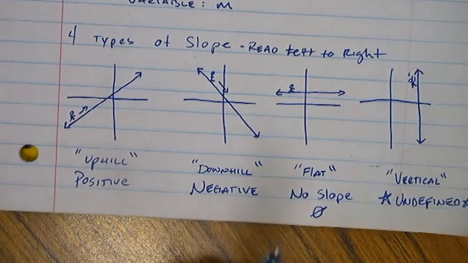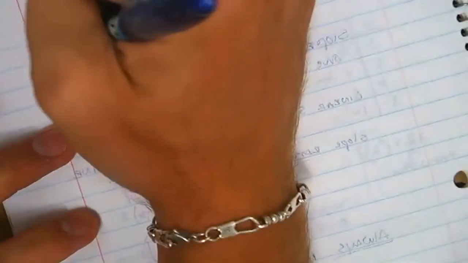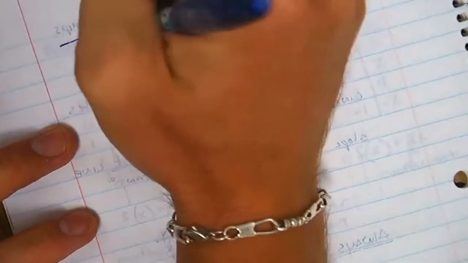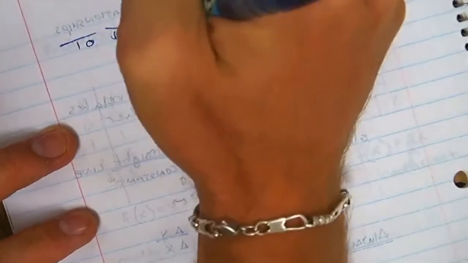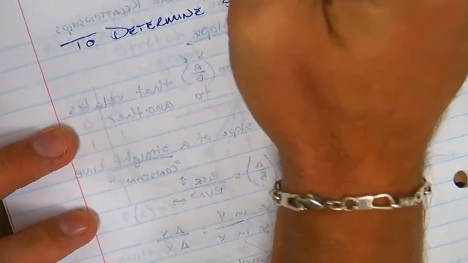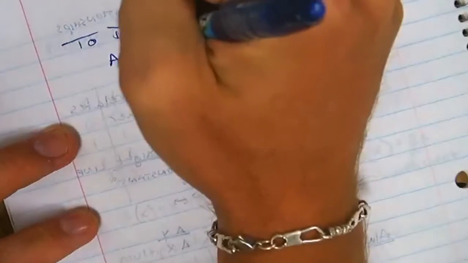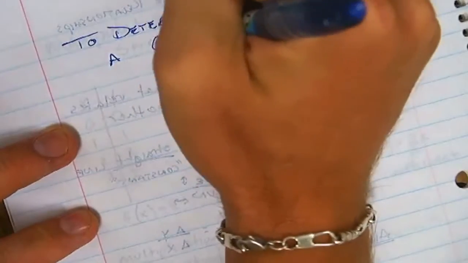So the first thing we're going to do today is talk about how to determine slope from a graph. It's very simple, guys.